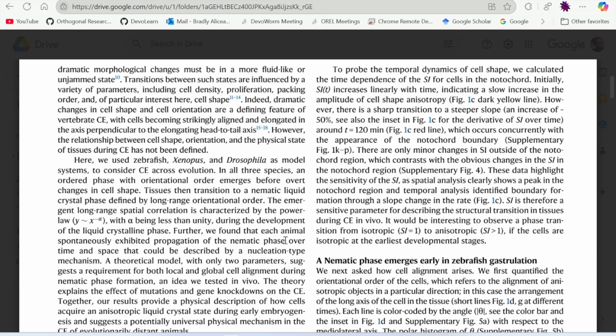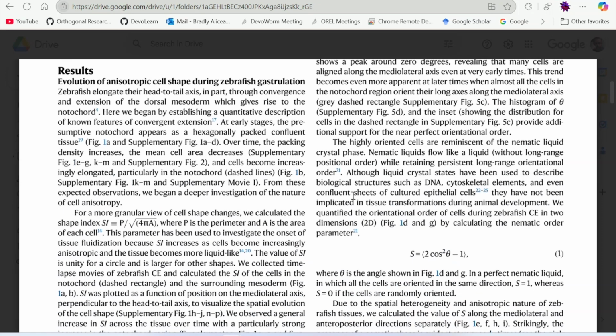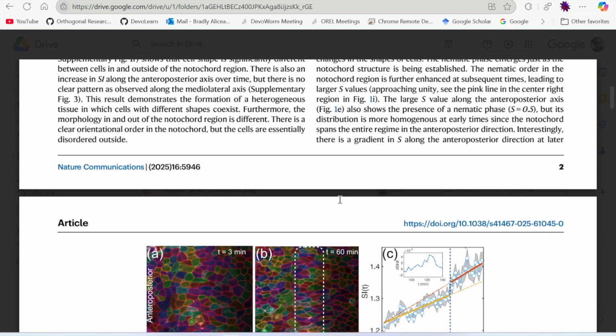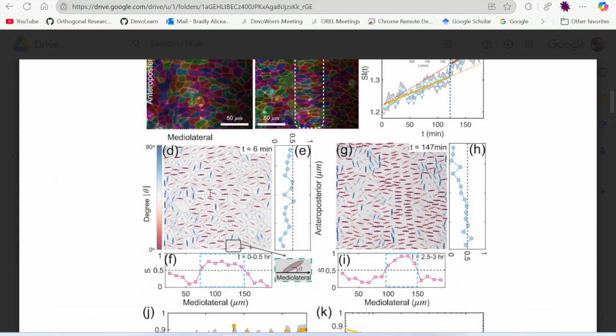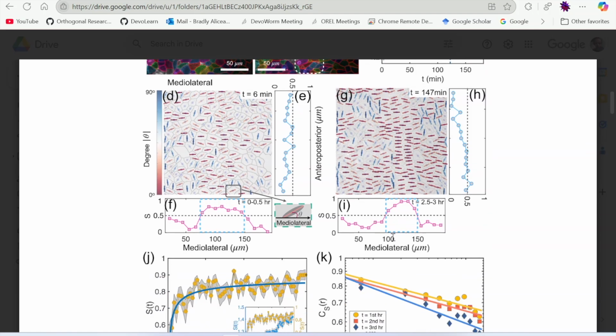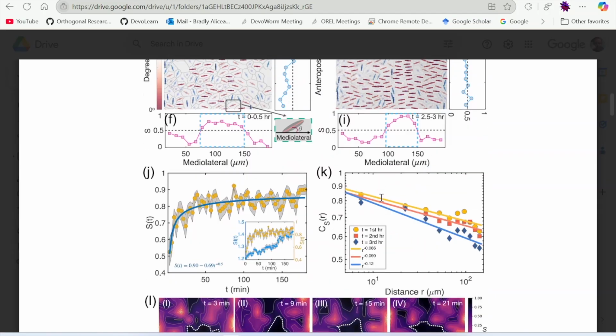So this goes through the nematic phase and how this works. So here's some figures. You can see that these cells here are in these different orientations, and they're able to track them and look at their orientation over time.